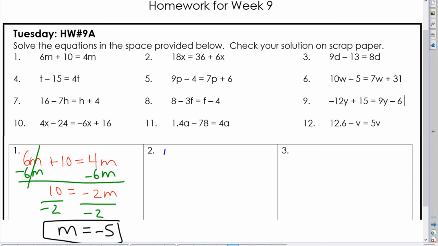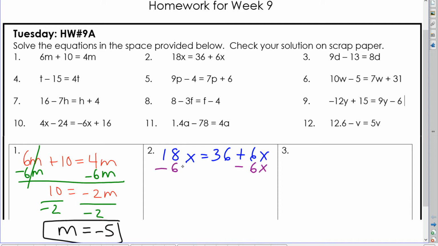Number 2, 18x equals 36 plus 6x. Again, my right side this time has more terms. So I have to choose one of these to do the inverse of. The one I choose depends on what's on the other side. If the other side has a variable, then I'm going to move the term with the variable.